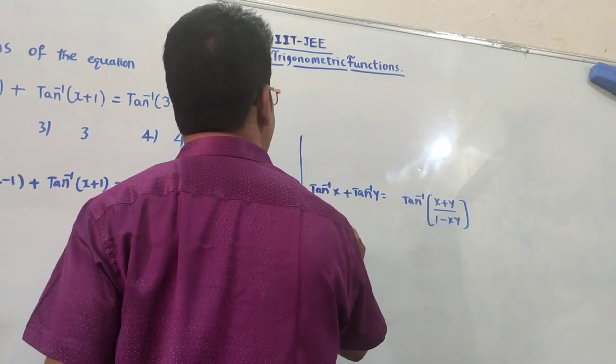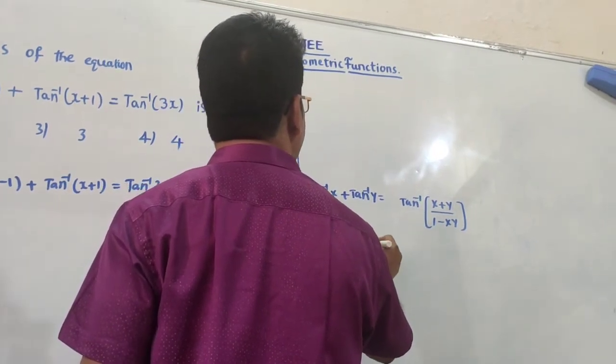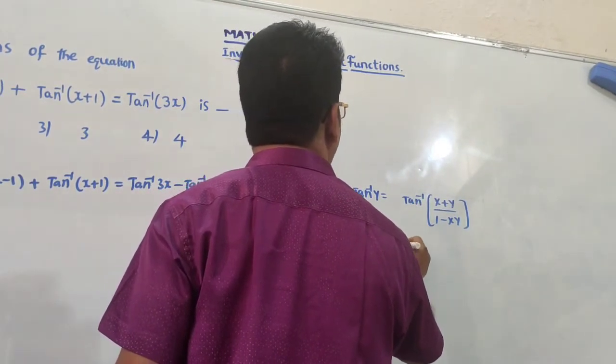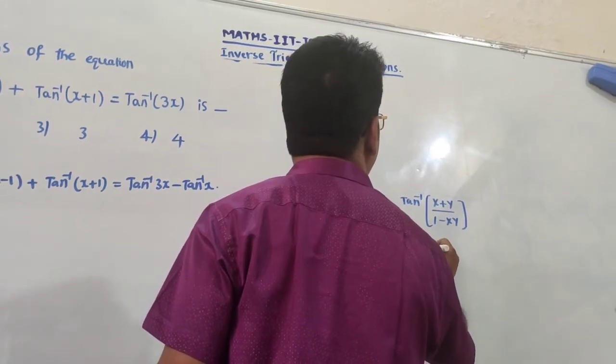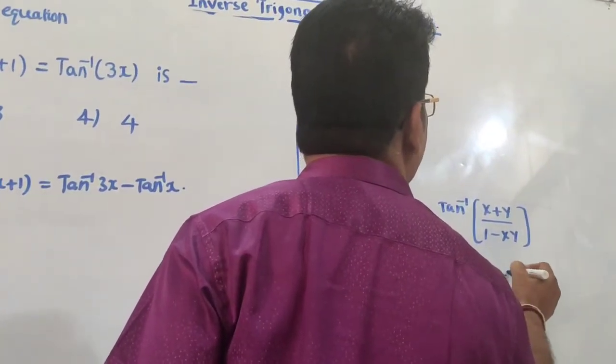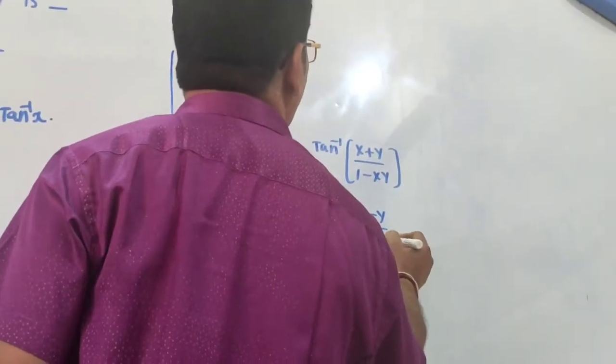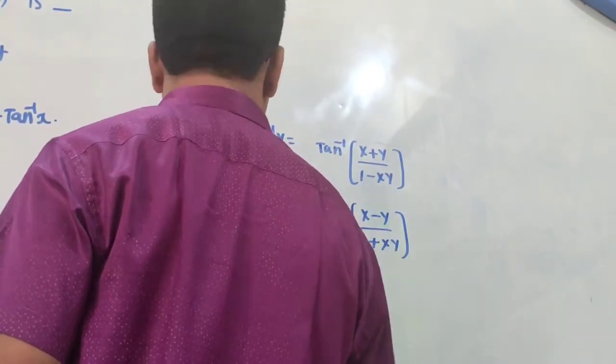Similarly, tan inverse of x minus tan inverse of y equals tan inverse of x minus y divided by 1 plus xy.